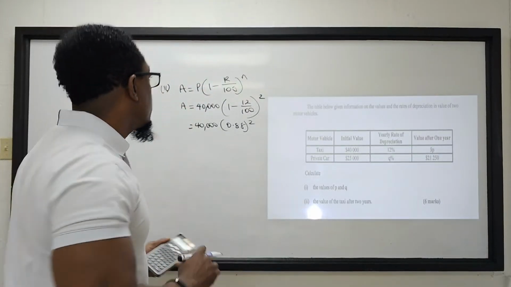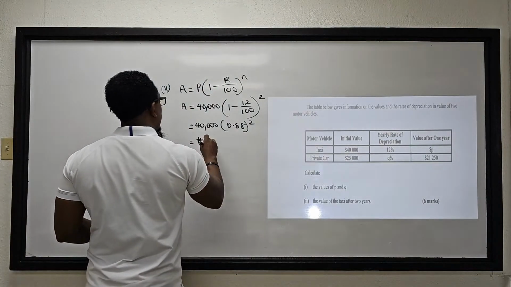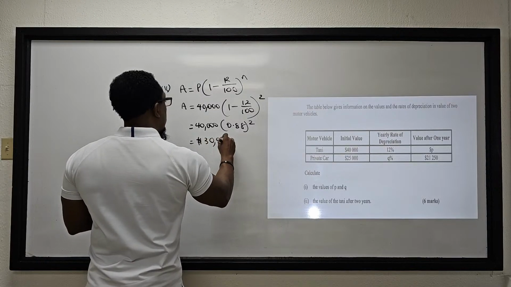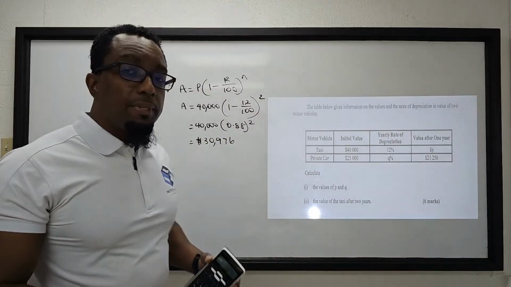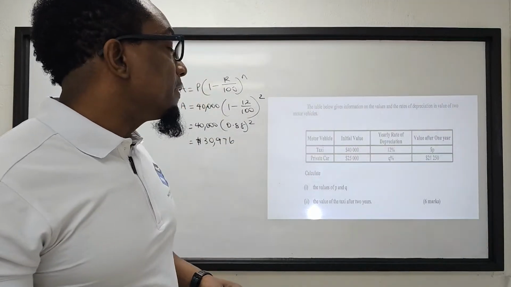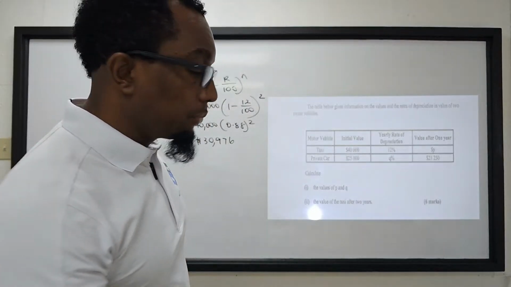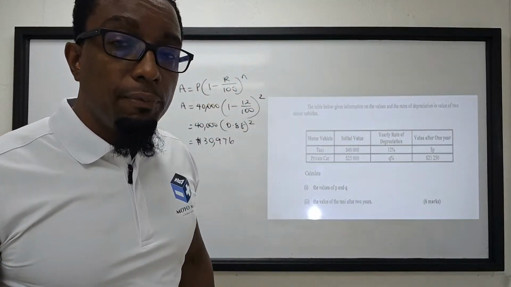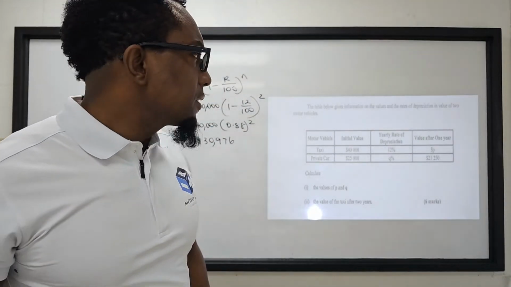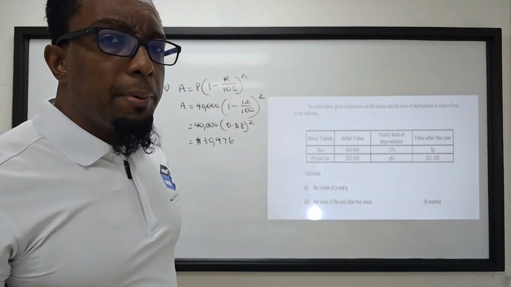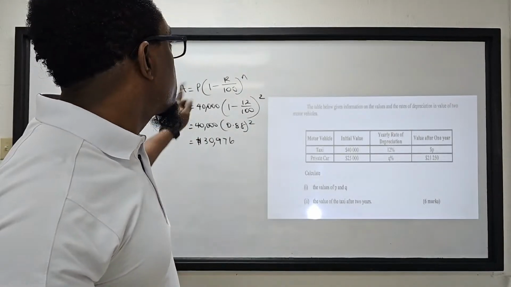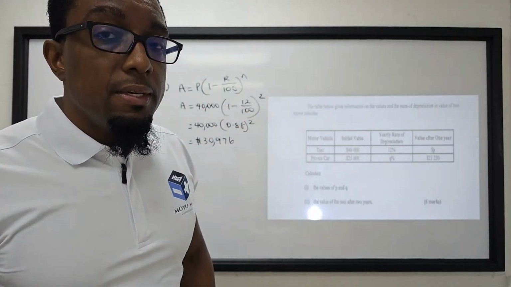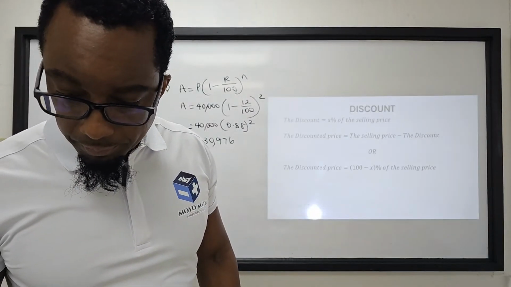So we're going to get $30,976. After a 2-year period, the value of the taxi will depreciate to that amount. So we're using the formula for depreciation. That's very similar to that of compound interest, except for compound interest we use an addition sign instead of a subtraction sign.